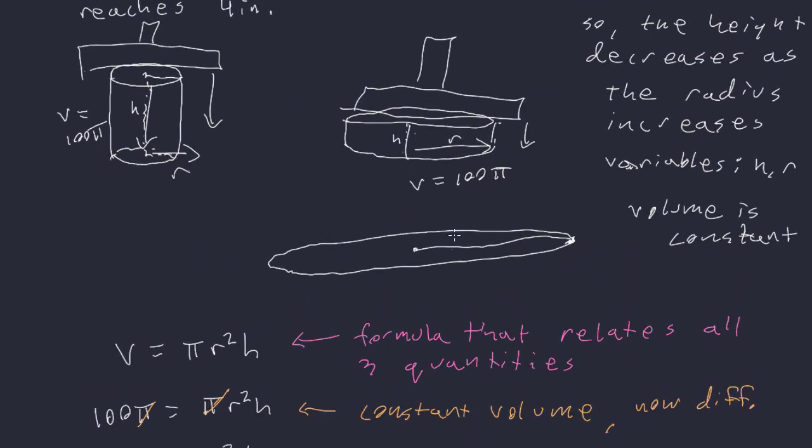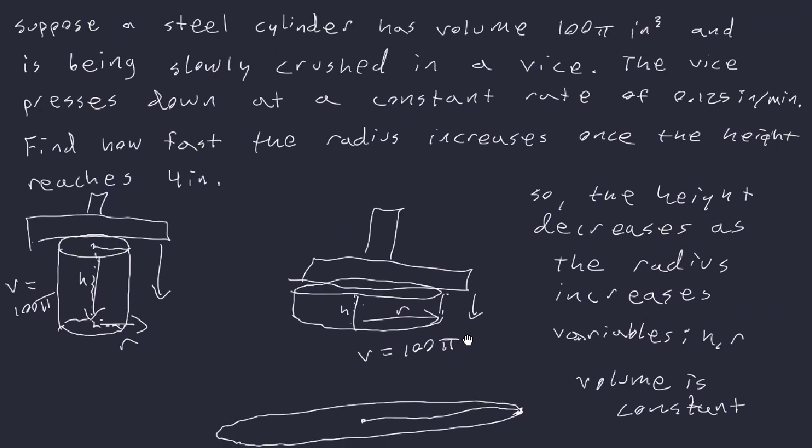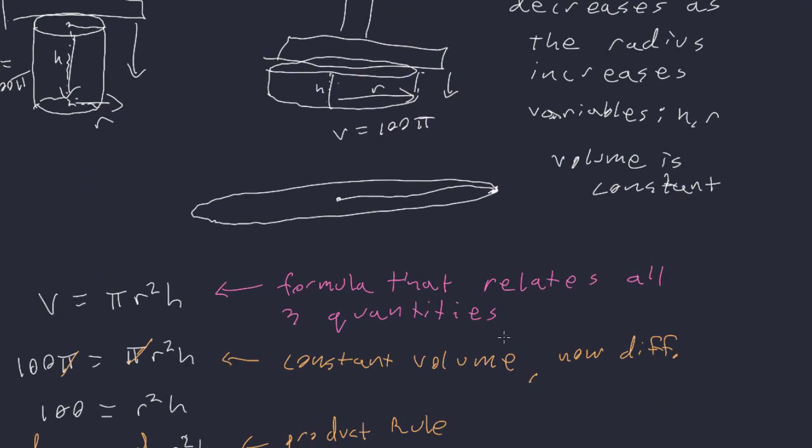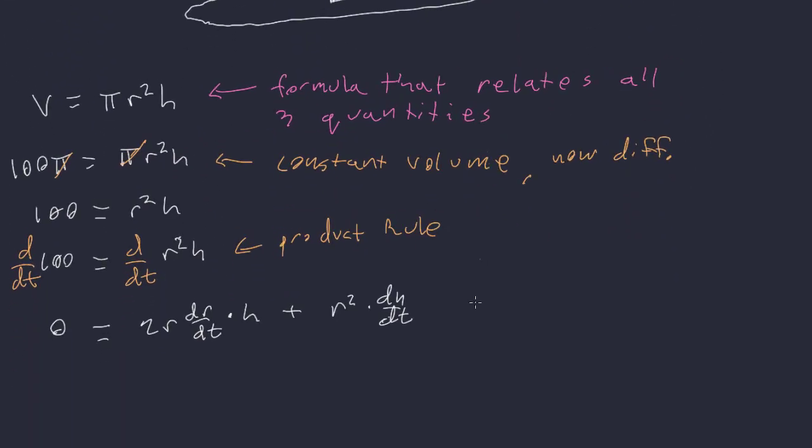What were we asked to find? We were asked to find how fast the radius increases once the height reaches 4 inches. So how fast the radius increases, this is dr dt. Okay, so if we head back down, dr dt, this is what we're trying to find.